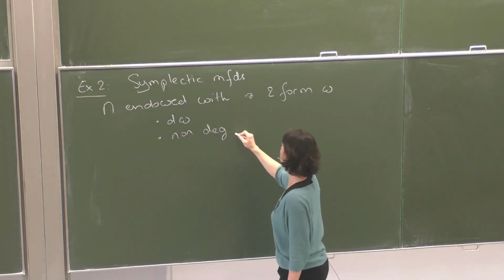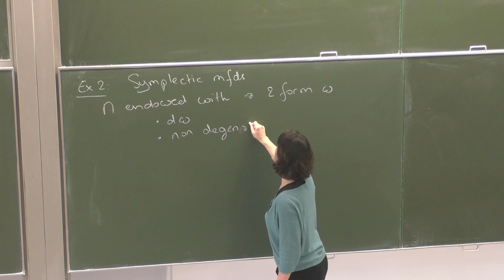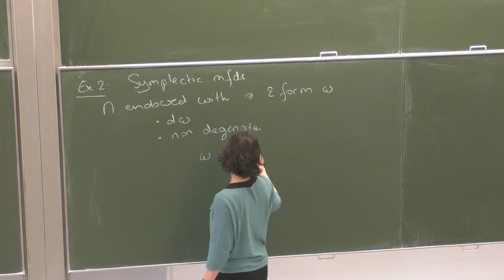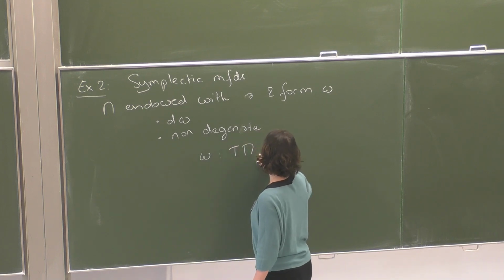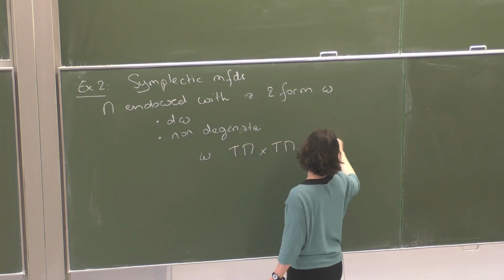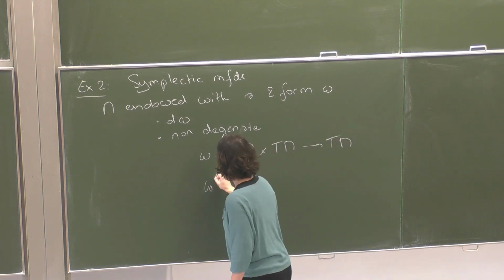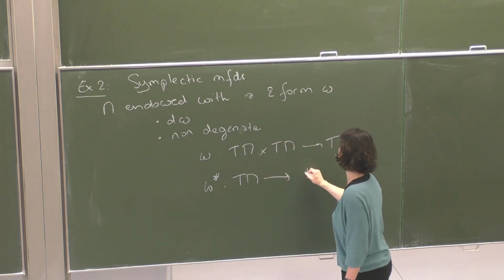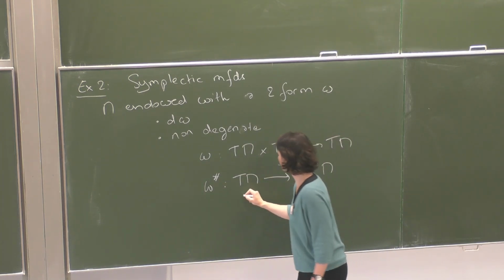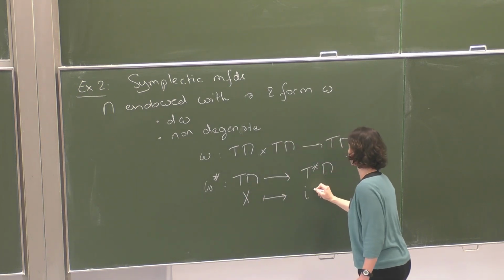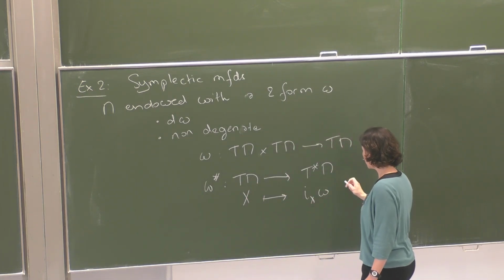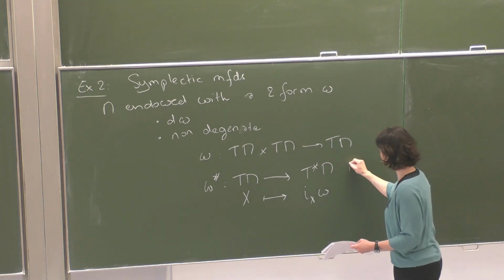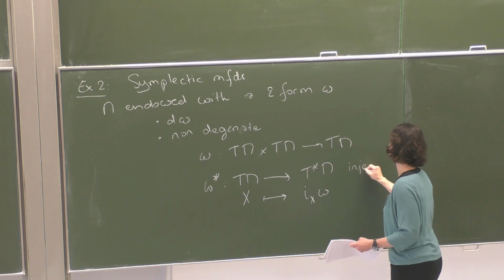The non-degeneracy condition means that if you look at this 2 form, which usually takes 2 vectors of the manifold, and if you plug in 1 vector, then you go from the tangent space to its dual, simply by inner product. The non-degeneracy condition means that this map is injective.